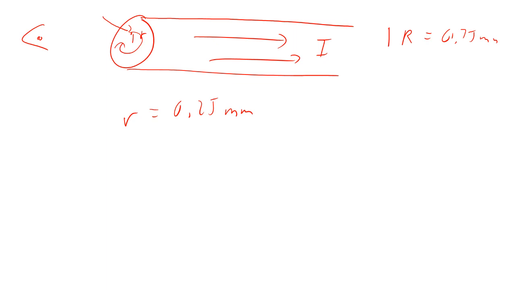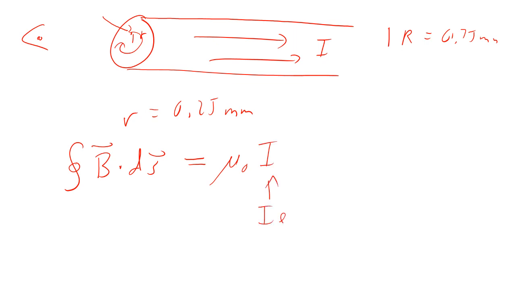Okay. So the integral of B dot ds going around that little loop is going to be equal to mu naught I, where this is the enclosed I. That's going to be J times the area, so J times pi little r squared, the area of that small circle right there.